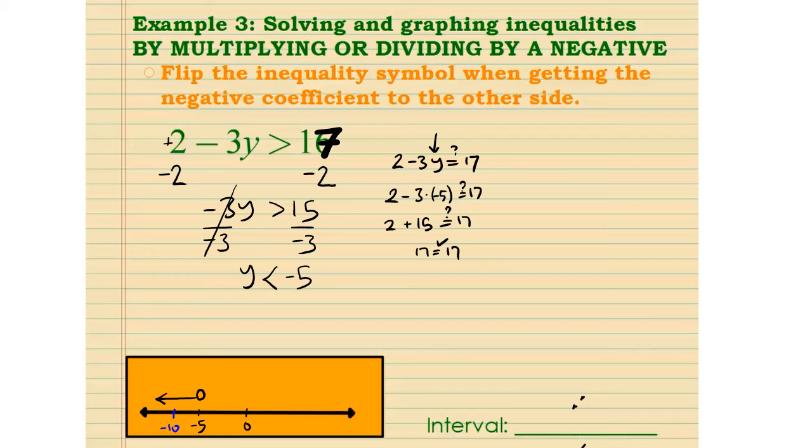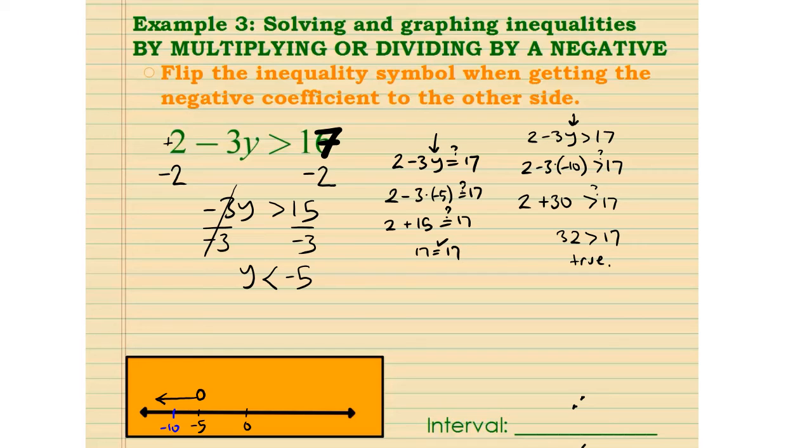On my check step, I will do 2 minus 3y is greater than 17, and I want to see if I put negative 10, is it going to be true? 2 minus 3 times negative 10, is it greater than 17? 2 plus 30, is it greater than 17? 32 is indeed greater than 17. This is a true result, which confirms that our direction was also correct.